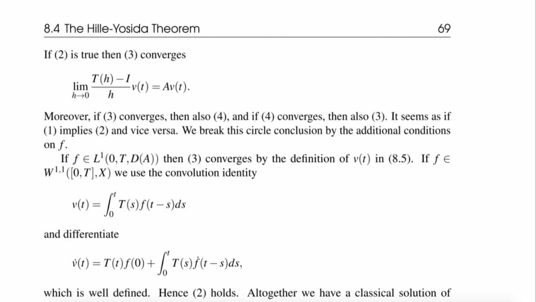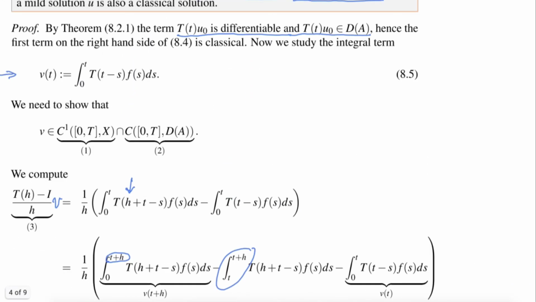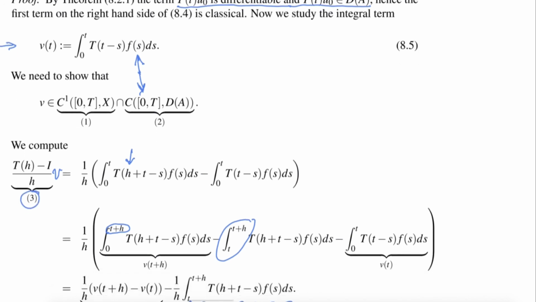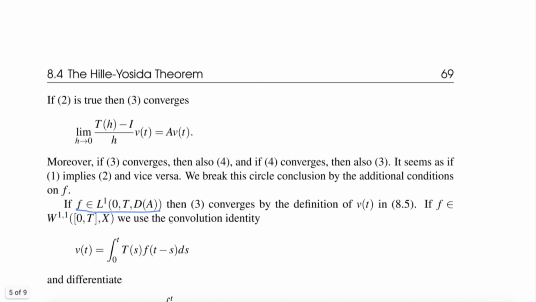So let's look, for example, at f in L1 with values in D(A). Then we have automatically that 3 converges. Let's see. L1 in D(A), where are we? So again, here's the f. Now this is in D(A). So this corresponds to the case 2. And this corresponds to 3. So 3 converges in that condition. If f is in L1 and f is in D(A), then 3 converges by the definition of v.